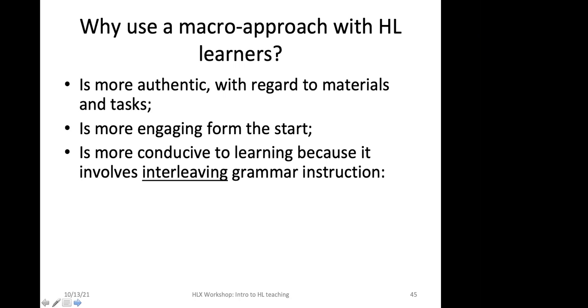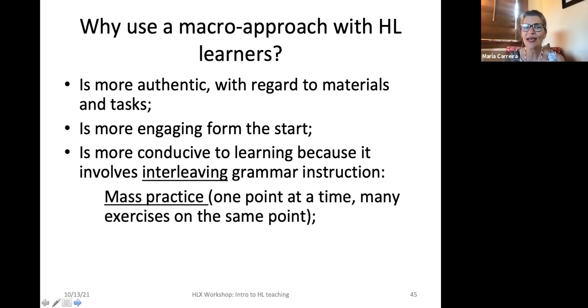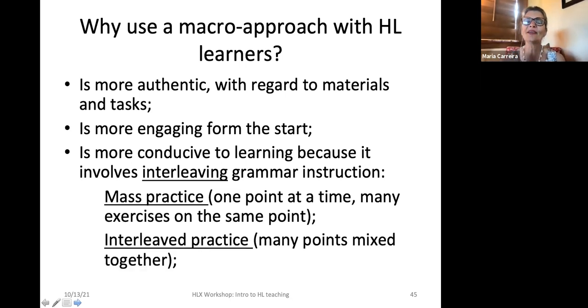Well, it turns out there's a lot of research that shows that mass practice, so one point at a time, what I just explained, is not as good as interleaved practice. It's not as good in terms of remembering and learning. So it's good to interleave. You can always focus on one thing or another, but when you mix it up in a real world way, it's more effortful. And typically what is more effortful is better learned in the long run.